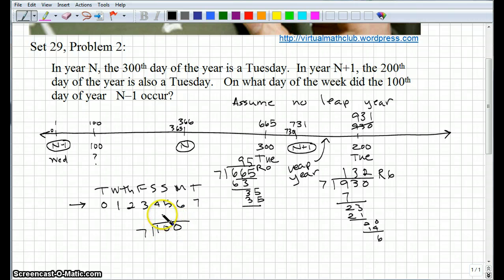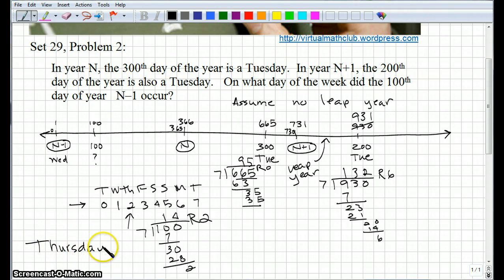So let's take this 7, 30, let's see, 4, 28, 2, and we have a remainder of 2. So that would tell us that we've gone through 14 full weeks of this year n-1 plus 2 days, and so 2 days would put us at Thursday. So that is our answer.